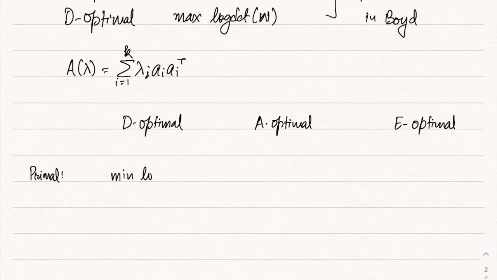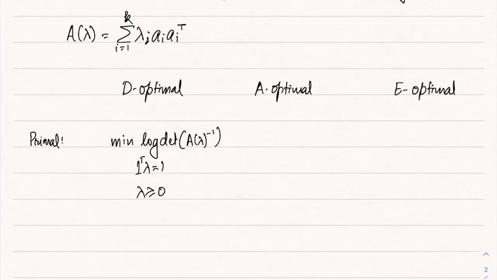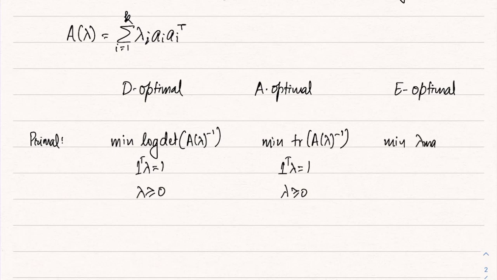minimize log determinant of A lambda inverse, subject to the constraints 1 transpose lambda equal to 1 and lambda greater than or equal to 0. In the A-optimal case, the objective was minimize trace of A lambda inverse, again 1 transpose lambda equal to 1, lambda greater than or equal to 0, and in the E-optimal case the objective was minimize lambda max of A lambda inverse, right?